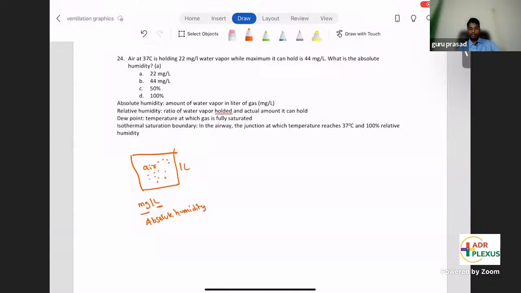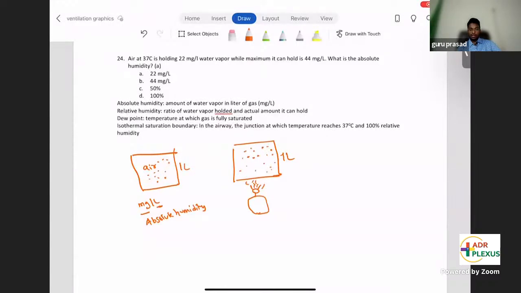Okay. Now what I will do is, I will take this 1 liter of air and I heat it. So what will happen? The amount of water vapor that can be held by the air increases.